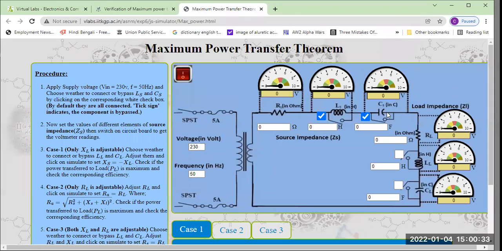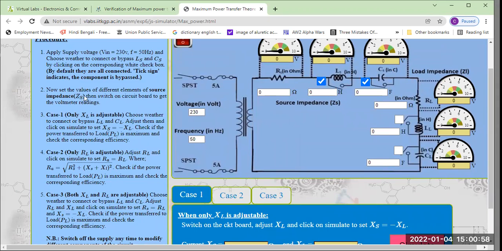Look, this is LS and this is CS. Okay, CS means source capacitor and LS means source inductor. Okay, checkbox. By default, they are all connected. Tick sign indicates the component is bypassed.